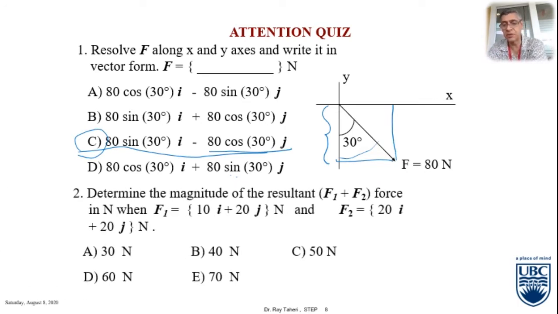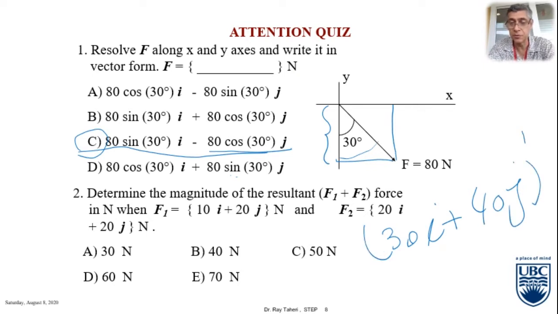Determine the magnitude of the resultant of F1 plus F2 force in Newton when F1 is this and F2 is this. Obviously, you want the magnitude, so you add x or I components, so 30, and then you add y components. So the resultant here is 30I plus 40J Newton.